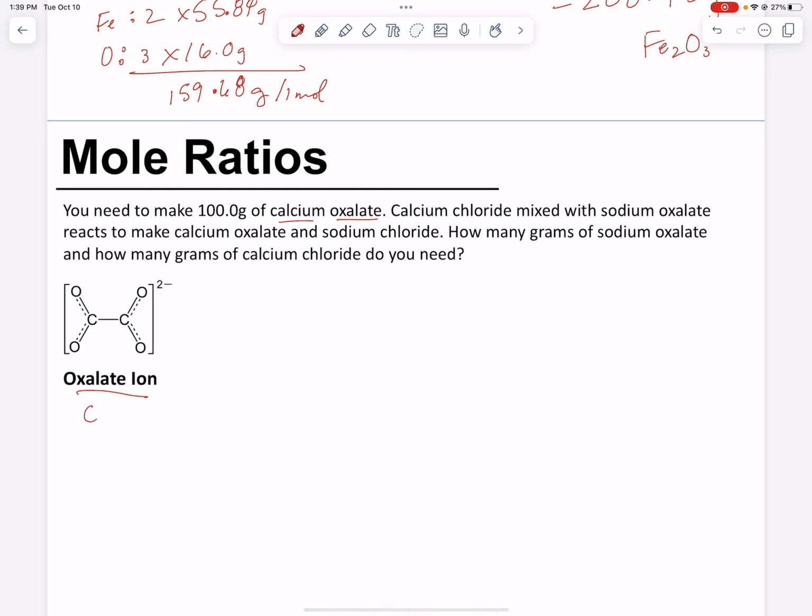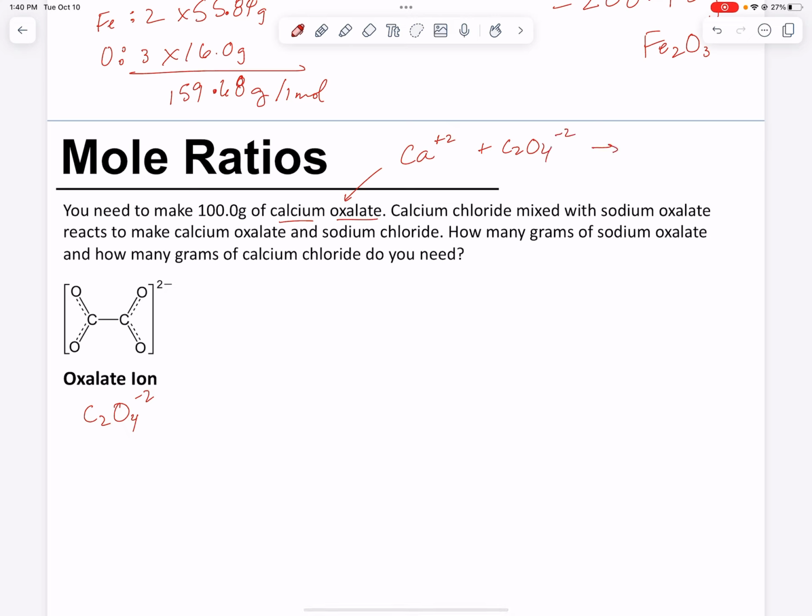There's 2 carbons, so it's C2. There's 4 oxygens, O4, and it carries a -2 charge. So this is oxalate. Then it says, so we need to make 100 grams of calcium oxalate. So calcium oxalate would be putting calcium, which is a +2 cation, with oxalate, which is a -2 anion.